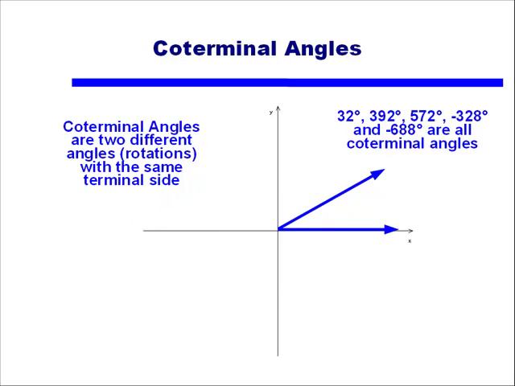If I take away those rotations and I show you this angle, you can't tell me which one of those 5 angles caused this angle. And of course, we're not limited to the rotations that we have. We could have continued to add 360 degrees or subtract 360 degrees to our heart's content.